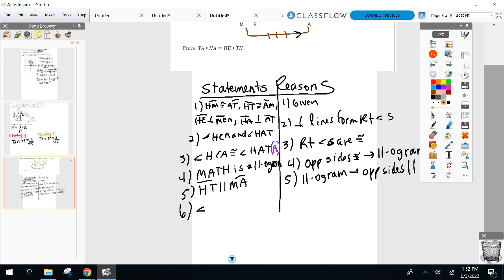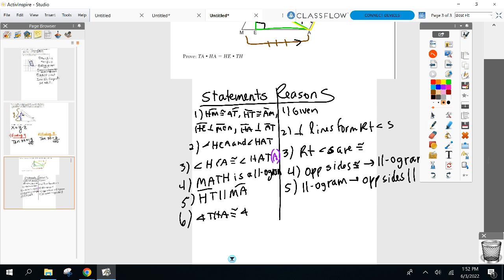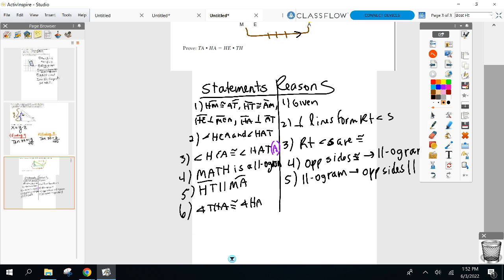That's how we got to it here. THA congruent to HAE. You remember this reason? We haven't used it in quite some time. Paul? Good. Parallel lines imply alternate interior angles congruent.